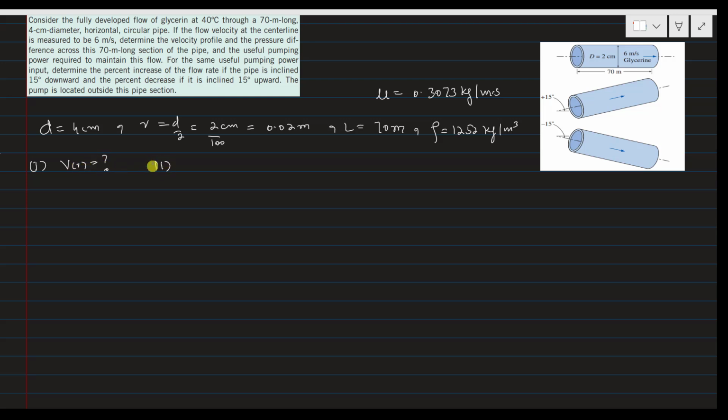Next is to find the pressure difference across this 70 meter long pipe section. And the third is to find the percent increase of flow rate, so to find the flow rate when the pipe is inclined in the upward direction, and to find the flow rate when the pipe is inclined in the downward direction.